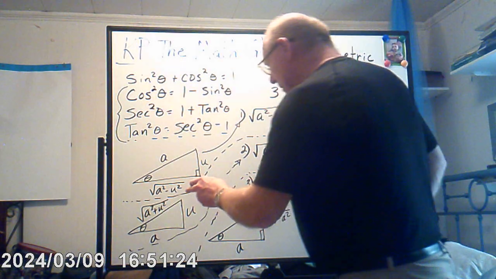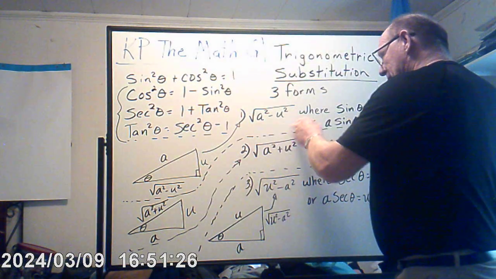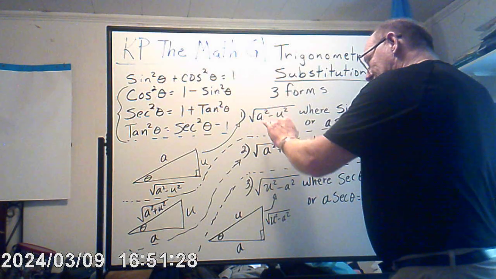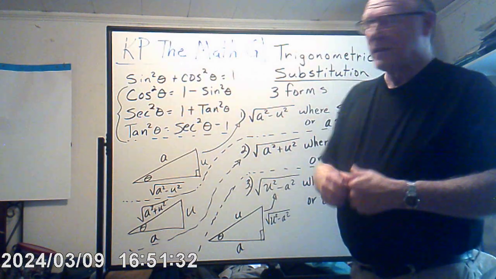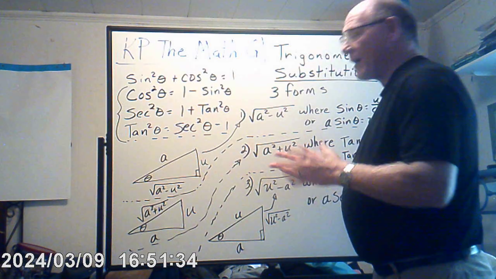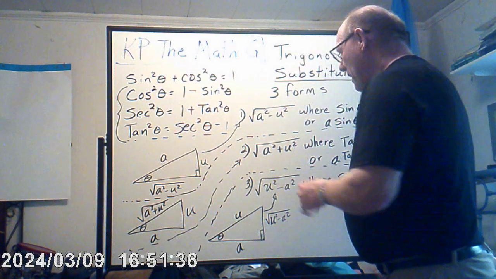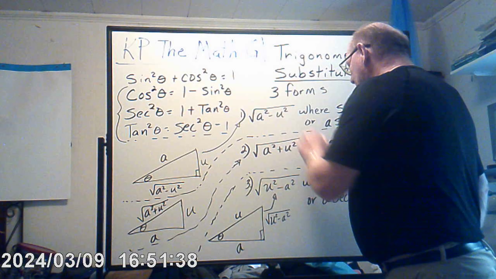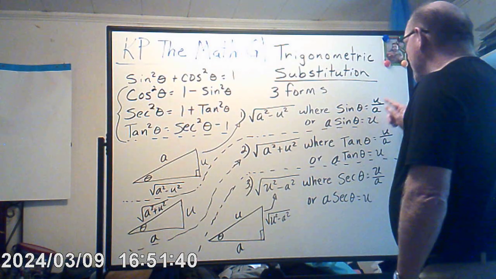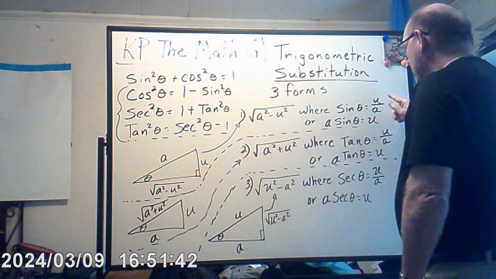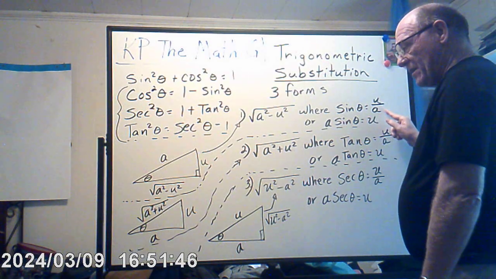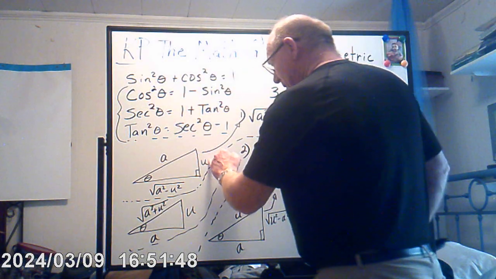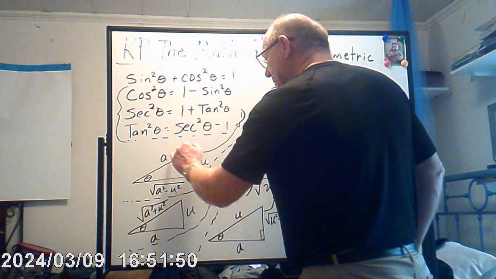I have a triangle here. Actually, I just kind of memorize this. The A is a number, like 3 or 4. The U is like X. The square root of A squared minus U squared, where sine of theta is U over A. Now remember, U over A is opposite over the hypotenuse.